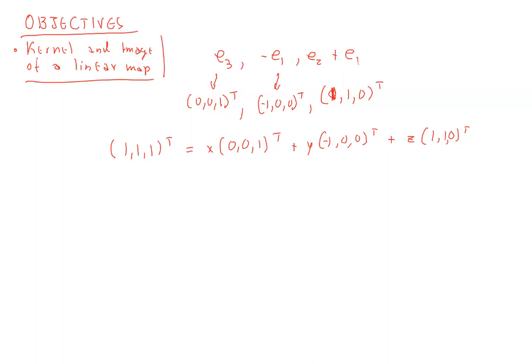Oh, no, the target space vectors are going to be vectors of R3, and the basis for both the domain of definition and the target space is going to be the standard basis. Okay, that's the idea. We want to have the standard basis for both.